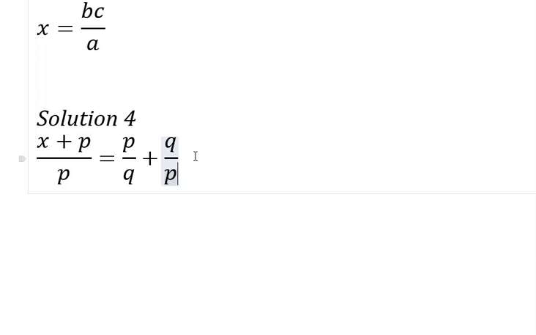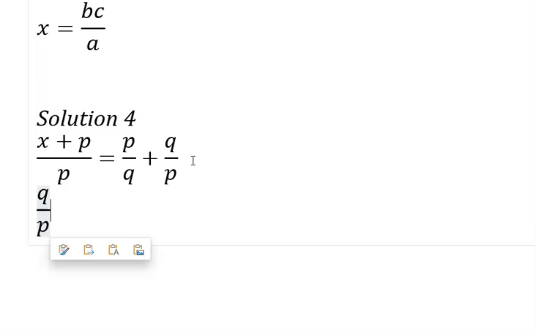So first thing first, if you look at this X plus P over P, let's get this as a template anyway. This is just a template. This X plus P over P, it is still the same thing if you say X over P plus P over P. Let me explain myself again.